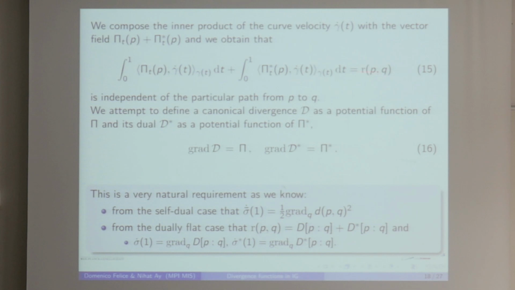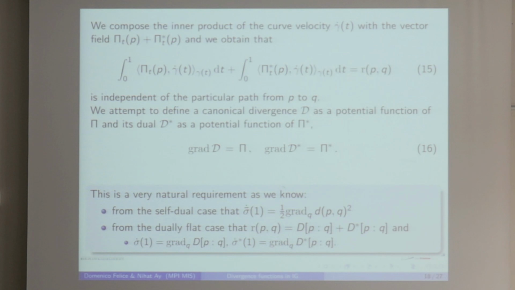This sum is independent of the path gamma connecting P and Q. Now our aim is to define this term as the canonical divergence and this other term as the dual canonical divergence. The goal would be to have that the gradient of the new canonical divergence is pi and the gradient of the dual of this canonical divergence is pi star.